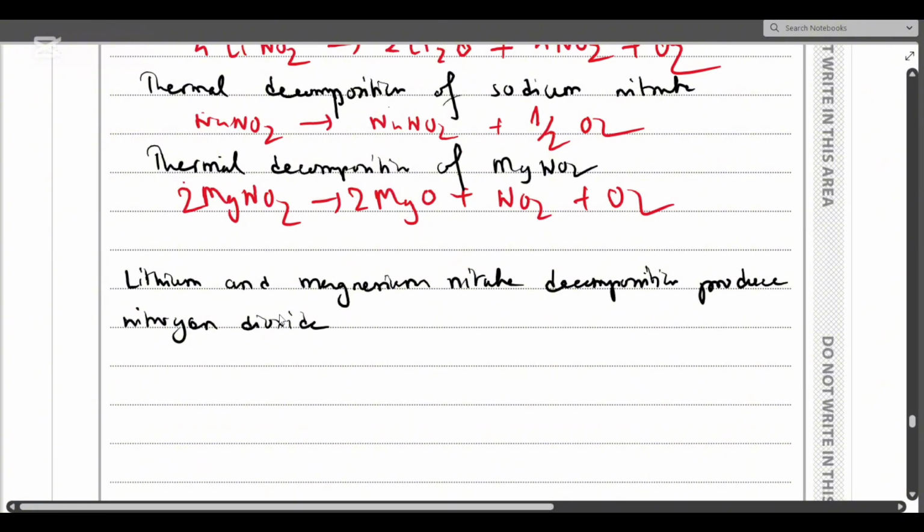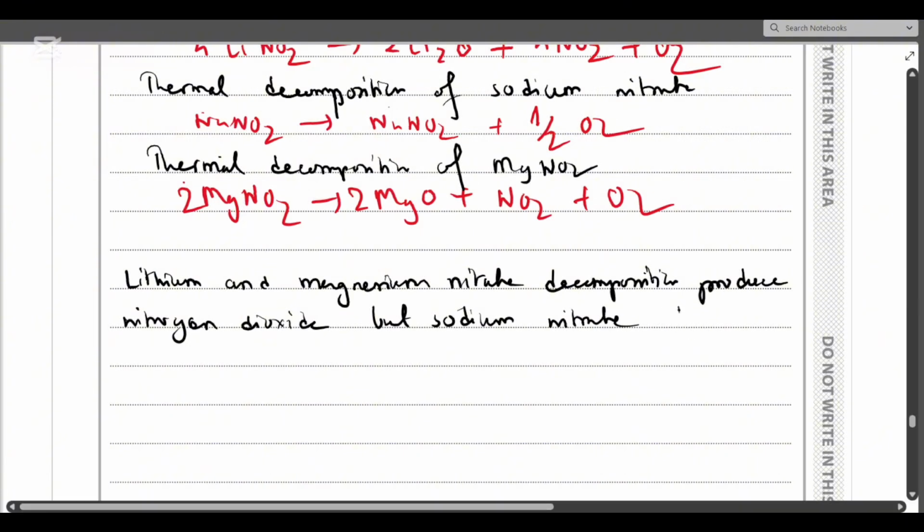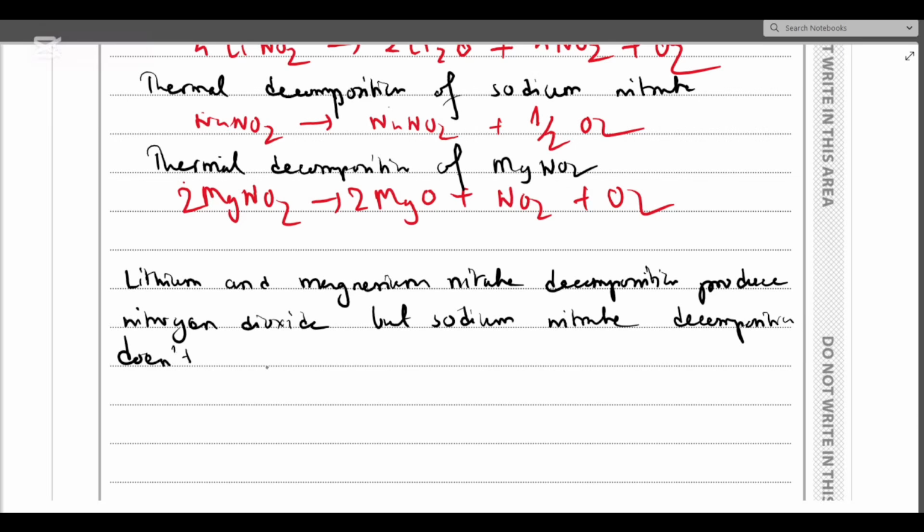Nitrogen dioxide is not produced. So we can write that sodium nitrate doesn't produce that. Exactly. Now, why is that the case?